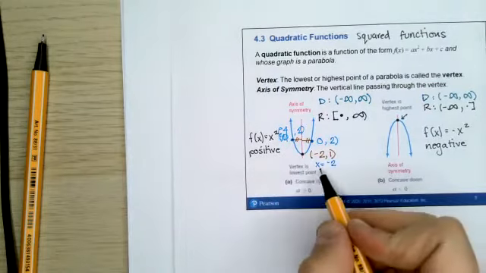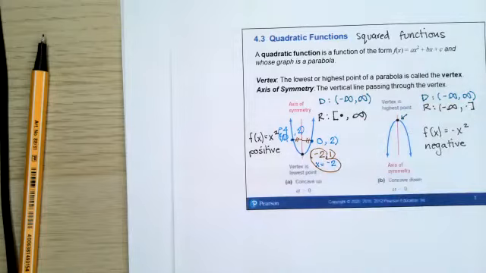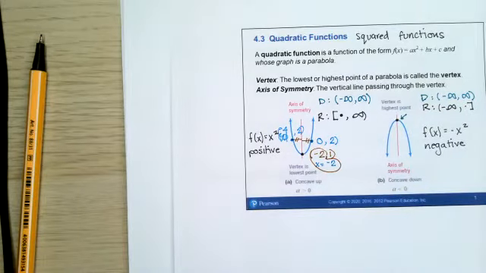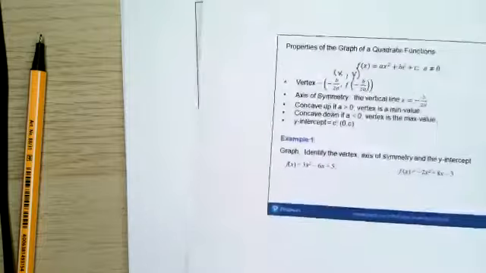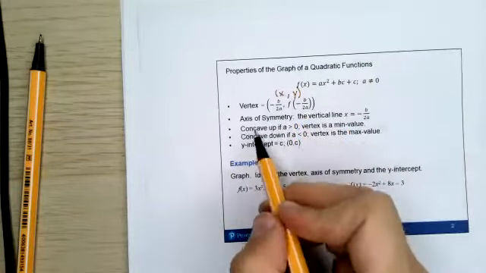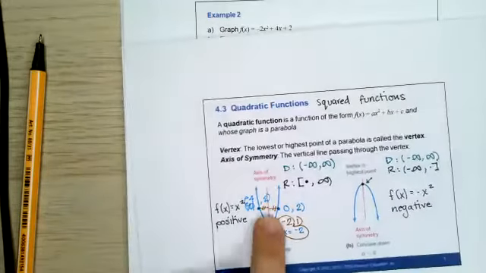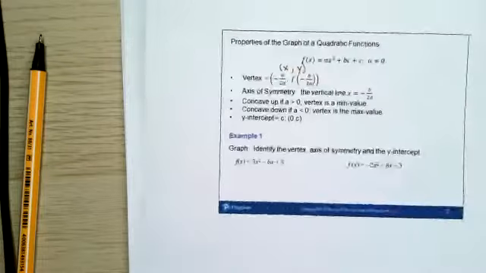That's all that means. So your axis of symmetry is always going to be x equals your x value of your vertex. Good. All right, so that's what your axis of symmetry is. It's the vertical line of that x value. It's concave up if it opens up, concave down if it opens down.